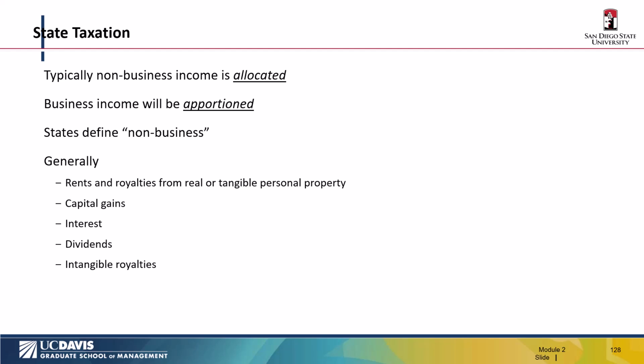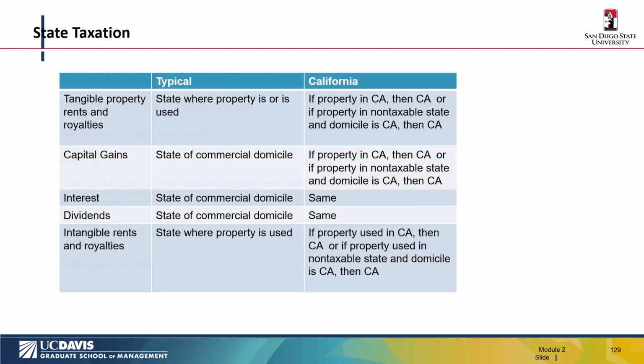Each individual state gets to define what is non-business and what is business. Generally they define non-business, and by default, everything else is business. So what kinds of things are often defined as non-business? Rents and royalties, capital gains, interest, dividends, and royalties again. Wow, I'm so happy I mentioned it twice.